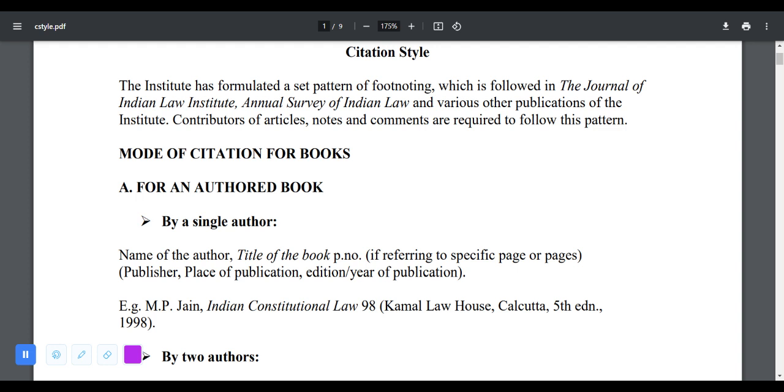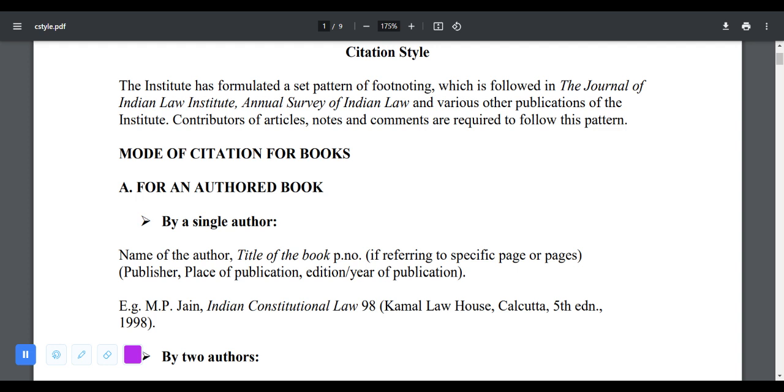You want to quote a statement in your article, and you have to provide the citation to let the reader know the statement is taken from such and such book, page number, or publication.